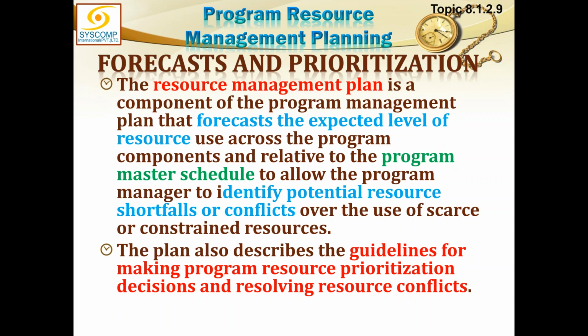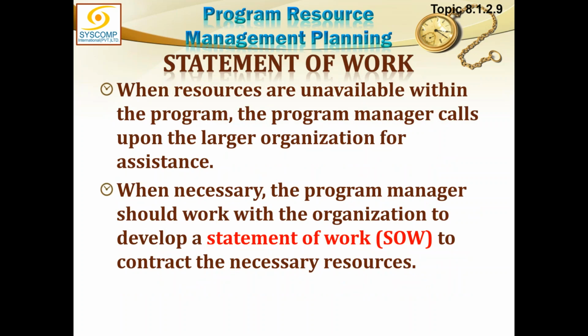I hope you understand the difference: the scarce resources, which are less in number, and they are required more by a lot of departments or projects or whatever. So you have to use them very intelligently. These are constrained resources. You have to use them very carefully and put them on the most important and most useful job. The plan also describes the guidelines for making program resource prioritization decisions and resolving resource conflicts.